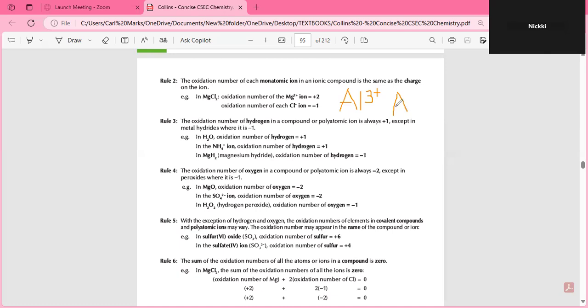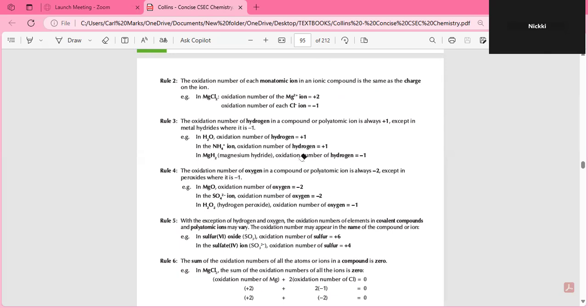It's the reverse. Put the sign first and then the number. So what's the answer? +3. See how easy it is? So all you got to do is memorize your ions, and you're good to go. You can assign the oxidation numbers and do what you have to do. All right, so that's rule number 2, right? Make sure you memorize the ions, right?